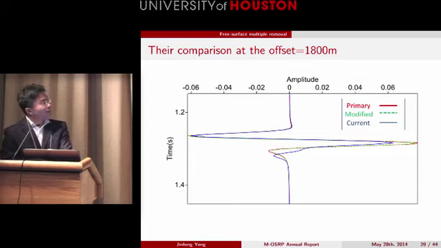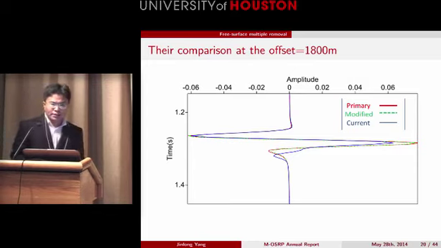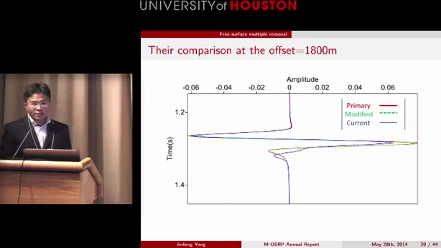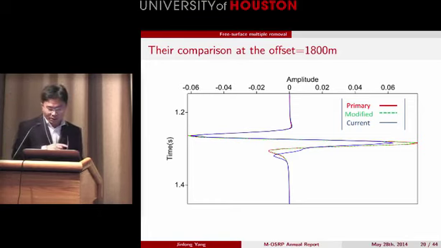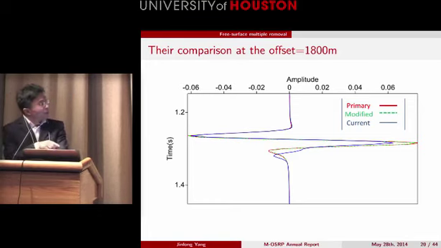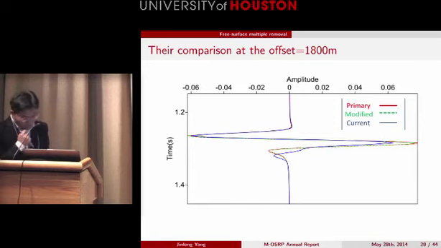These two examples show that if the data is generated by a general source with radiation pattern, our modified algorithm can handle this situation and can remove the multiples without any adaptive subtraction. You can surgically remove them. This is also our objective.